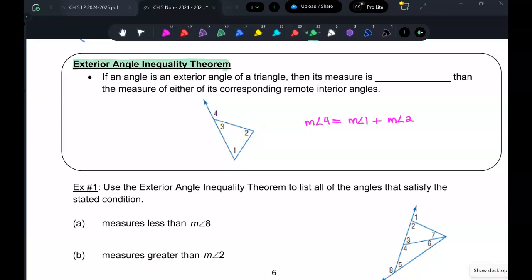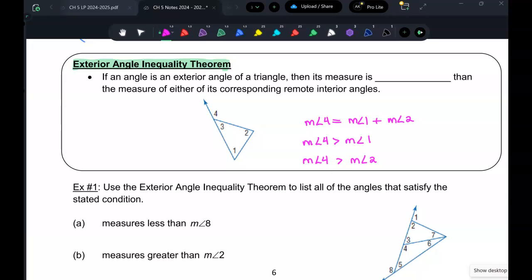So what we want to look at in this one is how does measure of angle 4 compare to each of the angles? They have to be greater than, so each exterior angle has to be greater than each individual angle measure.